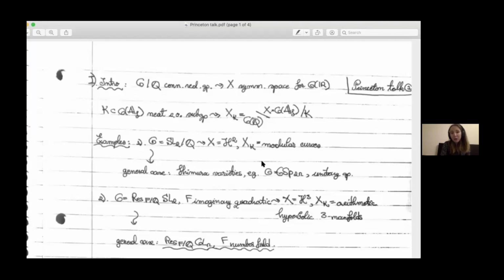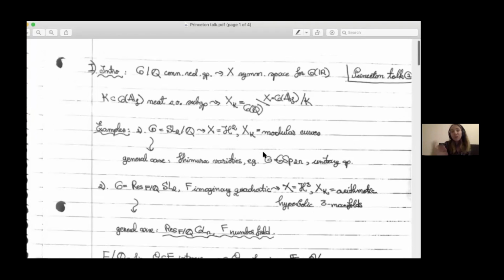And so if you want to understand the group GL_N, or maybe even say the restriction of scalars of GL_N from F to Q, where F is an arbitrary number field, then it turns out that this general case behaves like this case of SL2 over an imaginary quadratic field. So in general, these locally symmetric spaces do not have the structure of algebraic varieties. They are just real manifolds, equipped with a lot of symmetry, but just real manifolds.